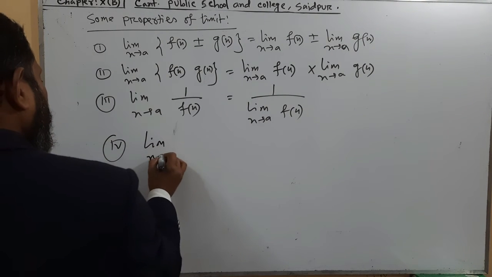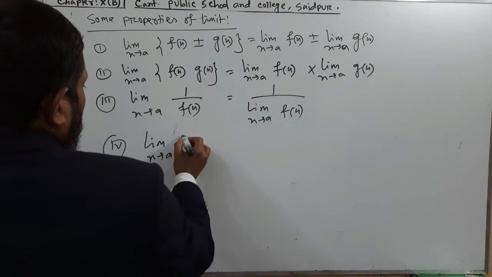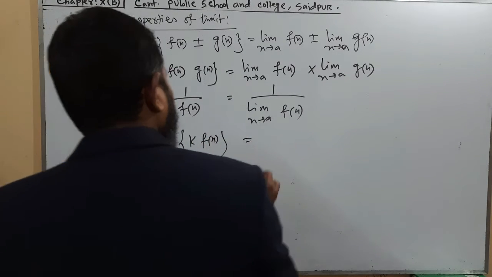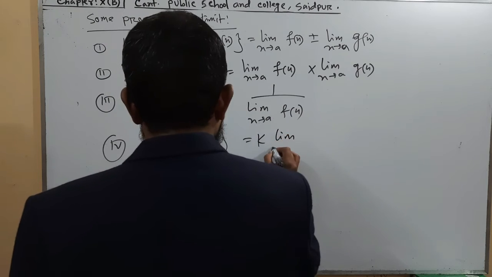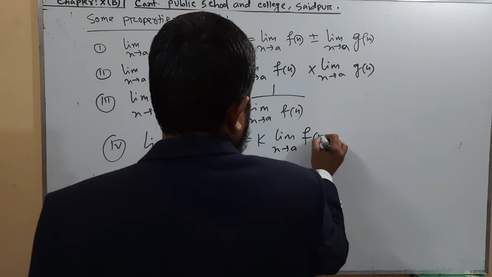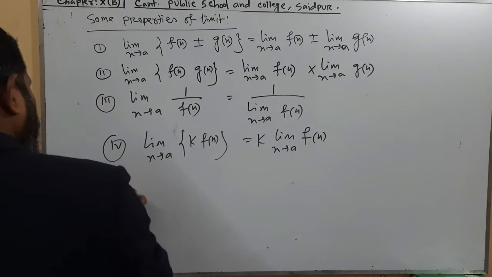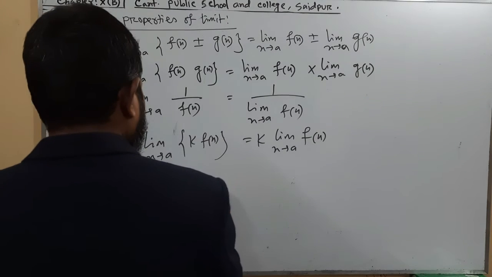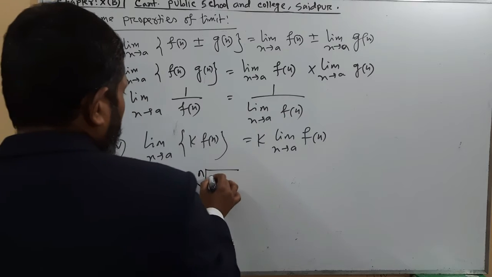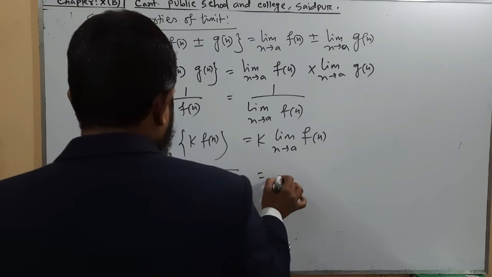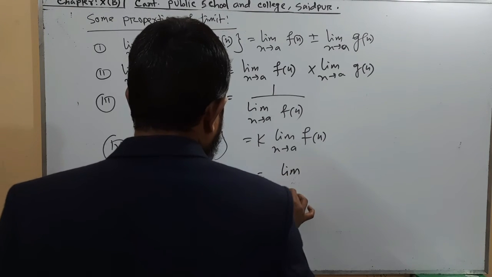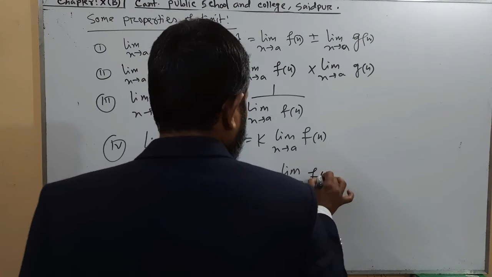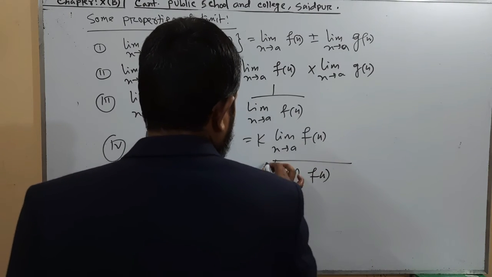Limit x tends to a of k f of x is k times limit x tends to a f of x. Limit x tends to a nth root of f of x, this we can write as the nth root of limit x tends to a f of x.